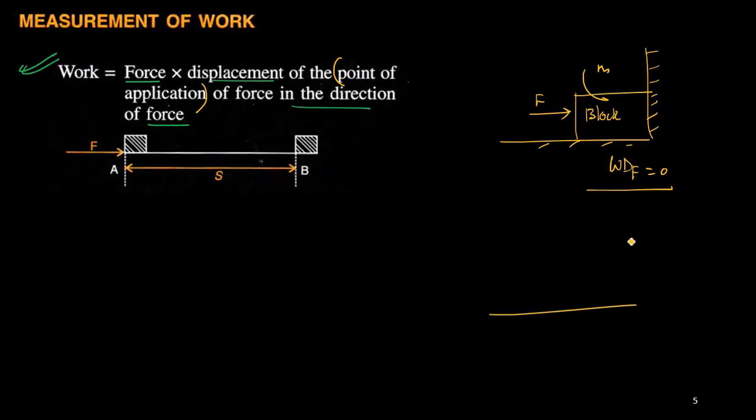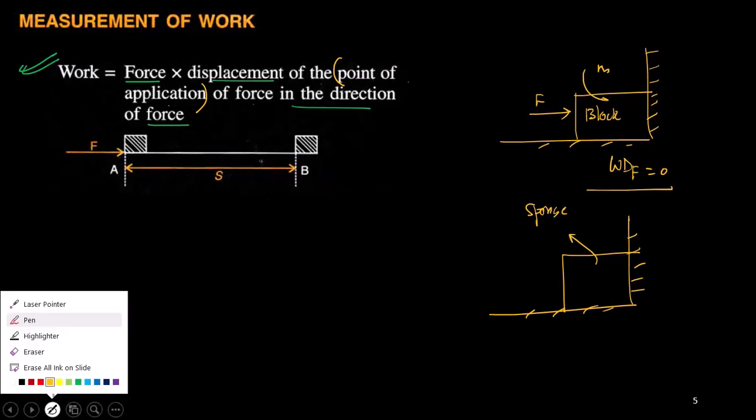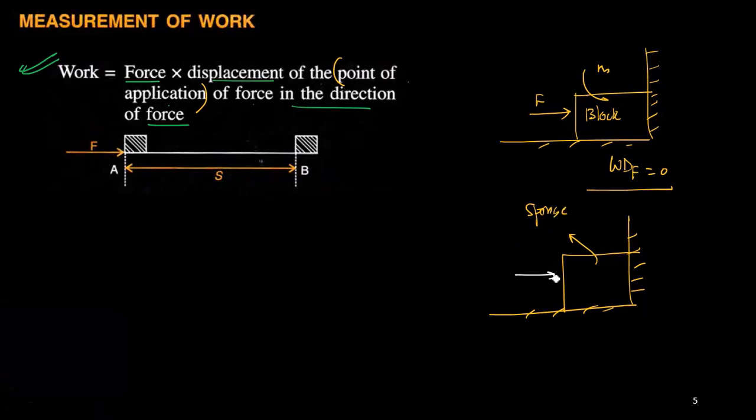Now in the second situation, you replace the block. Let us say I replace this block by a material which is made of sponge. So now again, if I apply the force, there is no displacement of the block. But what I can consider is that the point A where the force is being applied will be displaced in the direction of the force.